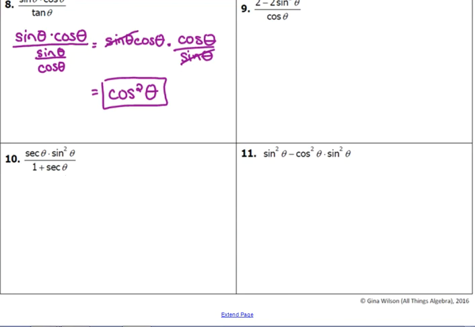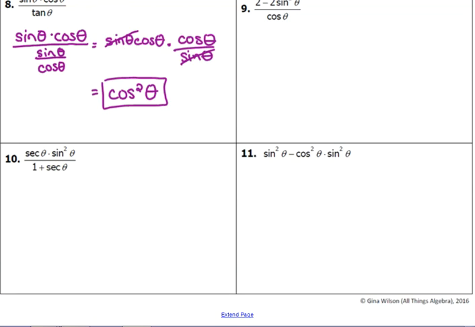Okay, let's do one more, and then I'll let you practice with a few of these. Number 10, secant of theta times sine squared of theta over 1 plus secant of theta. All right, so let's see here. How about we start with a couple different things that we could do here.